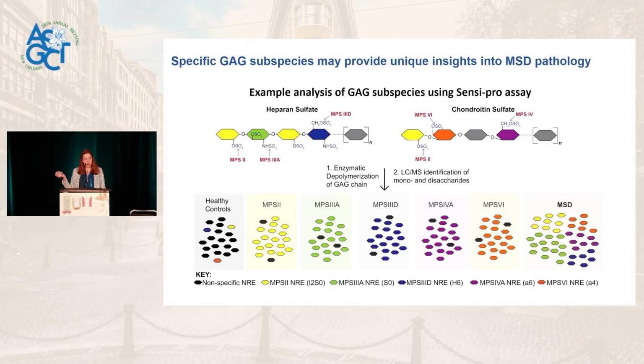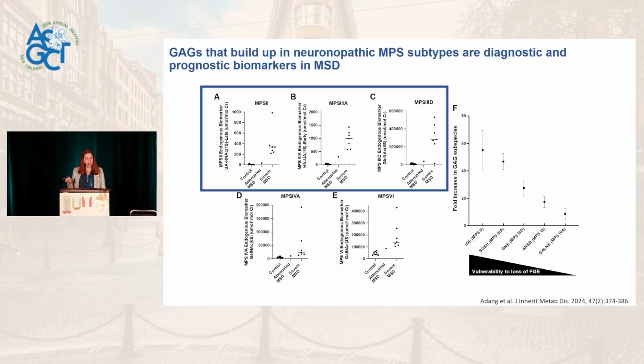But what we found is that in MSD, the stuff that's building up in the brain, the neurologic biomarkers, were by far the best at differentiating cases from controls and severity groups. So we think they might be the best diagnostic and prognostic biomarkers. But again, that's just a biomarker. You have to actually link it to something that has a clinical benefit or is clinically meaningful.